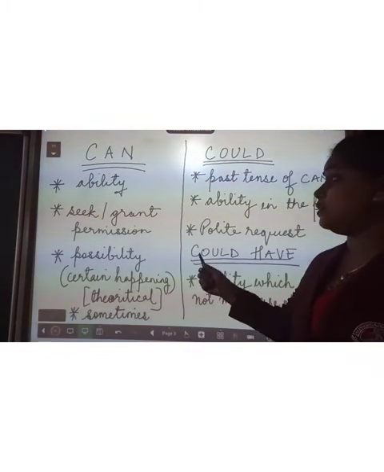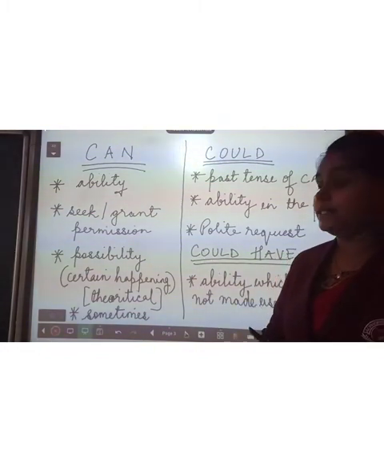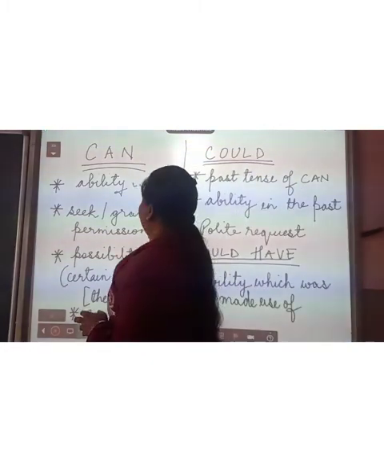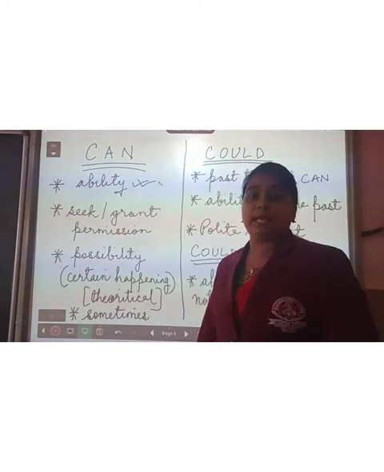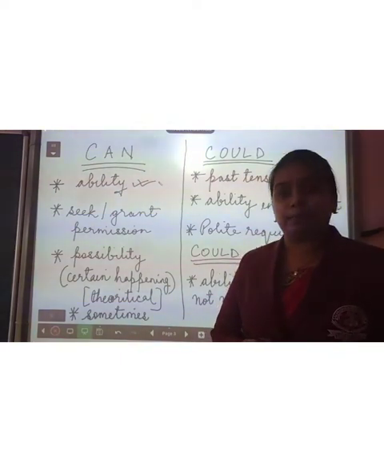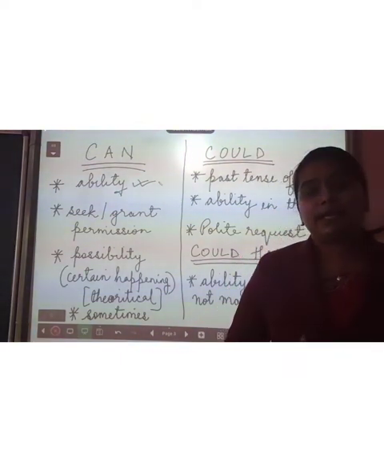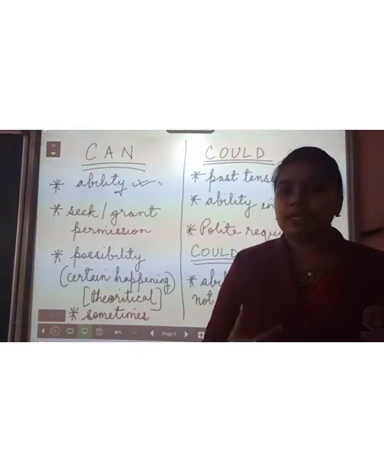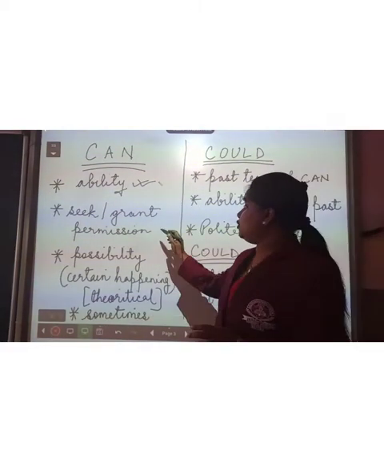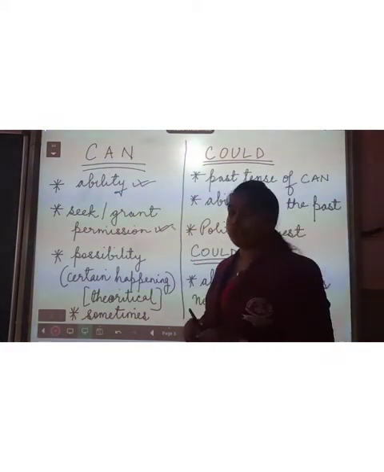Can is a modal verb, and it helps to express ability or capability. He can swim. What is his ability, what is his capability? That he can swim. Again, can is used to seek or grant permission.